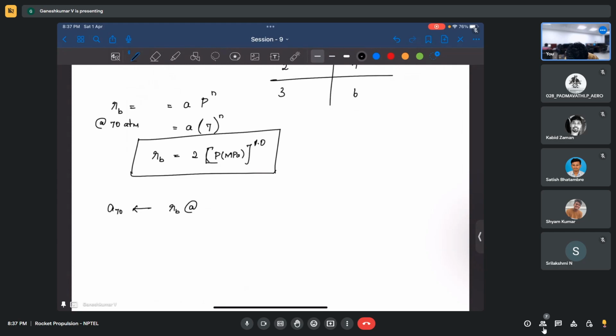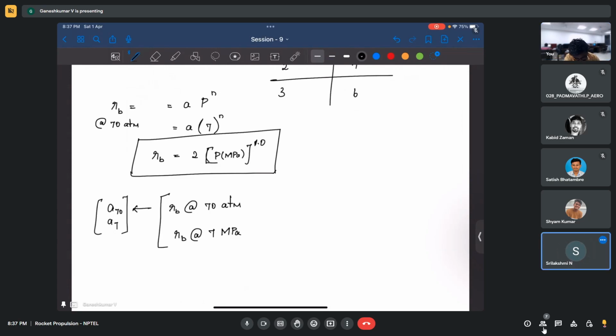RB at 70 atmosphere, right? Or RB at 7 megapascal. Both correspond to A70. You can even write A7. Both are same only, right?